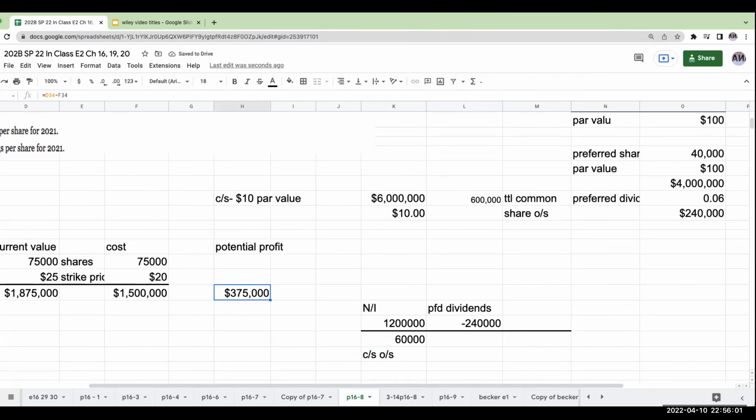So this is a dollar amount. I need to figure out what this is in terms of shares.